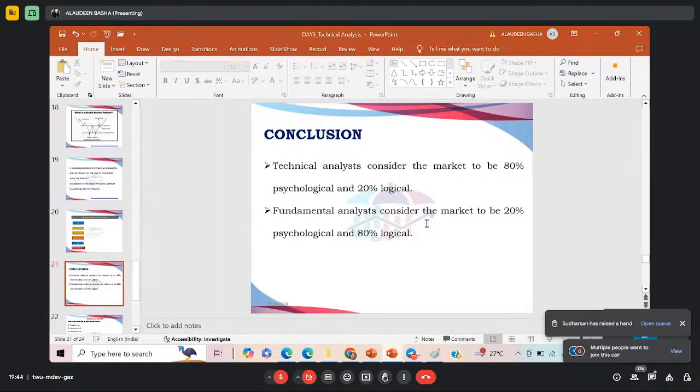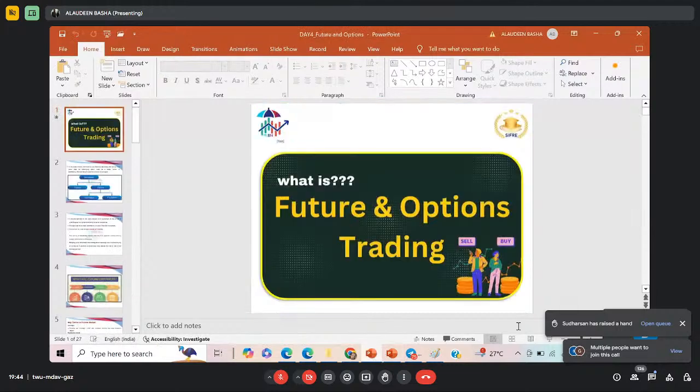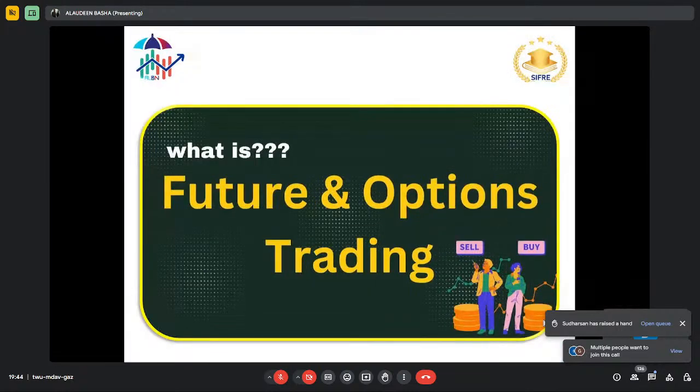Okay, now we move on to today's session, which is a very wide section, so I will try to convey today's topic in a simplified way. First, we'll discuss futures and options in trading. So what is meant by futures and what is meant by options?